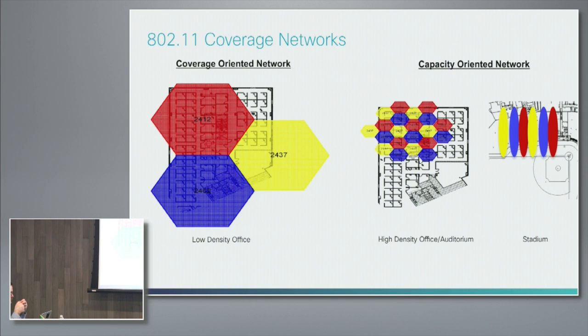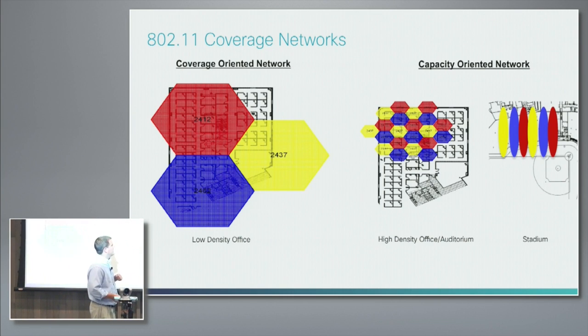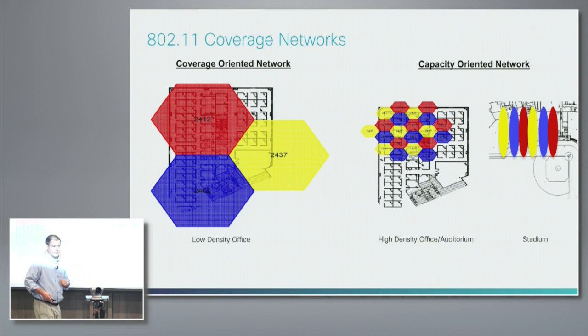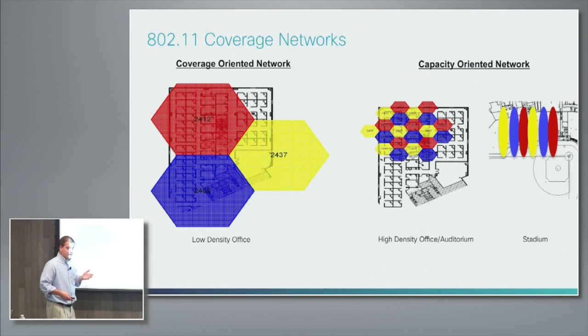You can see in this case we're trying to put almost an AP in every cubicle, which provides each user their own personal cell. Stadium environments are similar, where we have a lot of APs and not a lot of frequencies, and we have a lot of channel reuse problems where APs hear other APs and hold off.